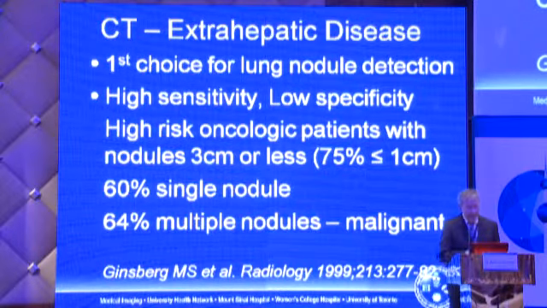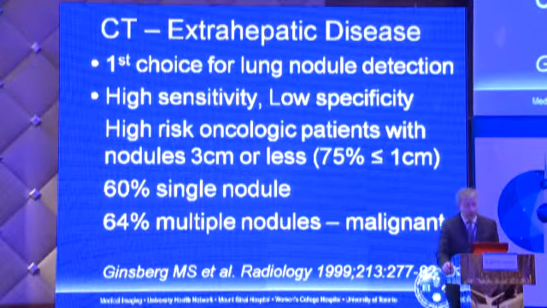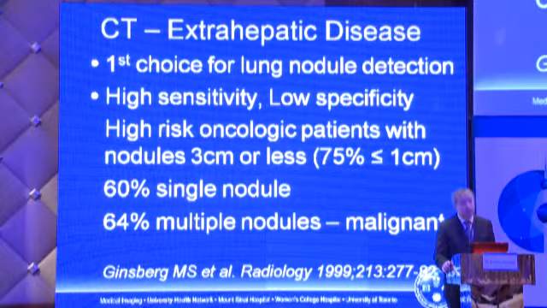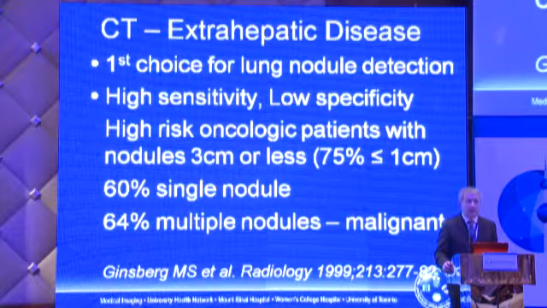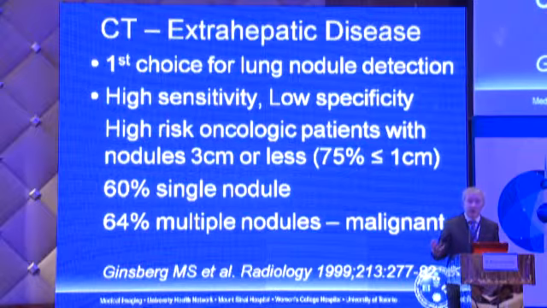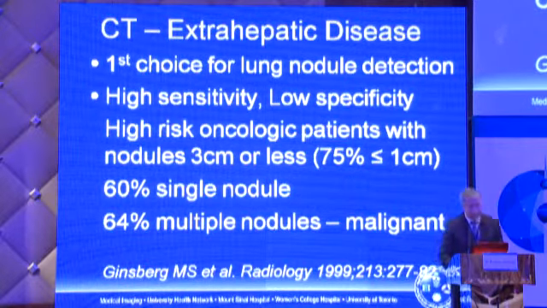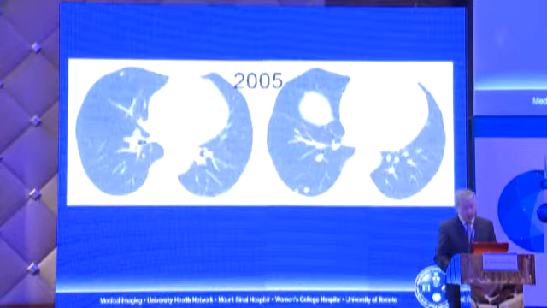And one study by Ginsberg in high-risk oncologic patients with lung nodules 3 centimeters or less in size, and of those 3/4 were less than 1 centimeter in size, 60% of single nodules and 64% of multiple nodules were malignant. So on the contrary, a large number of those nodules detected are benign. So often either, again, maybe a PET scan or time is the way to sort it out.